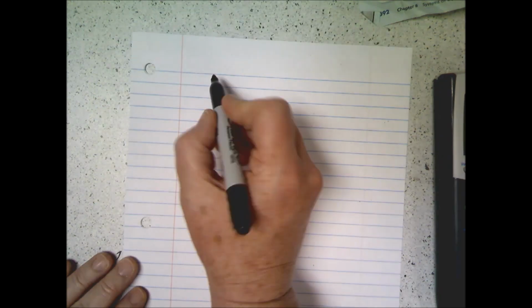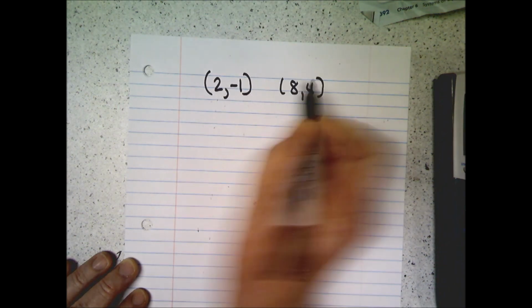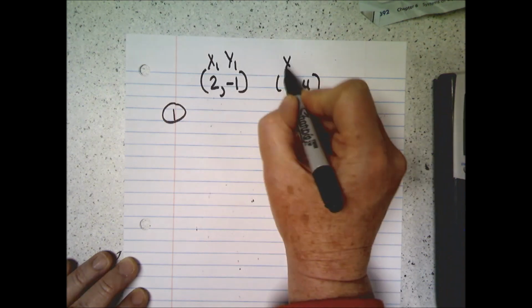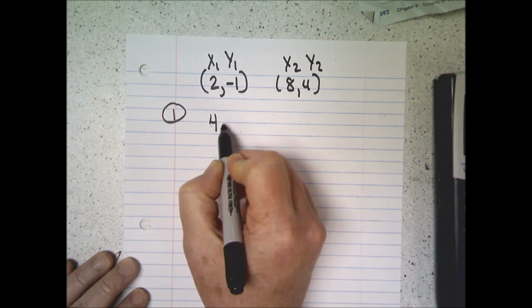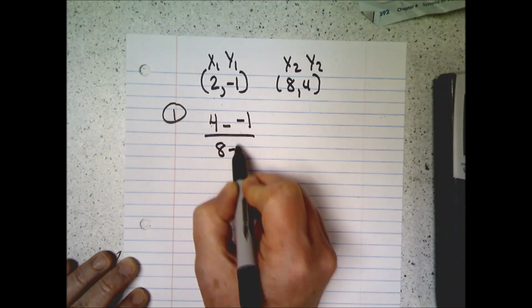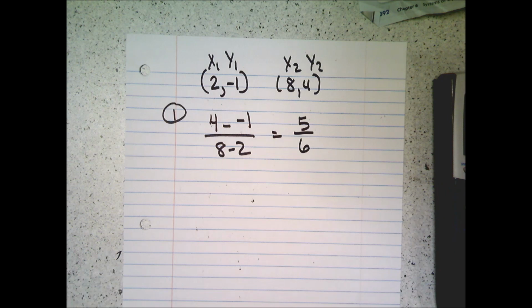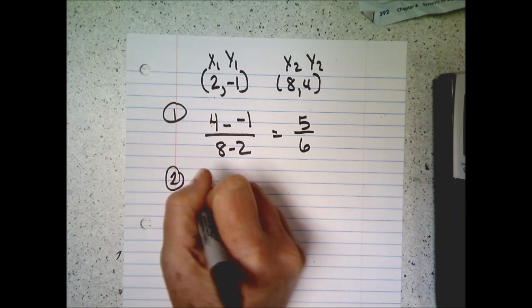There's some more. Okay. 17 says (2, -1) and (8, 4). Same process. Step 1, find the slope. So it gives me 5 over 6. Is that what y'all got? Okay. Step 2.